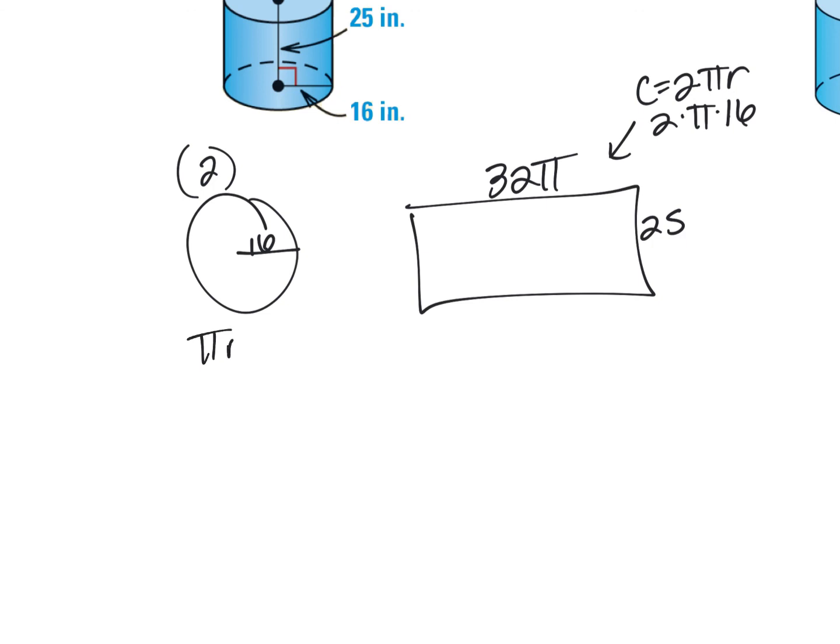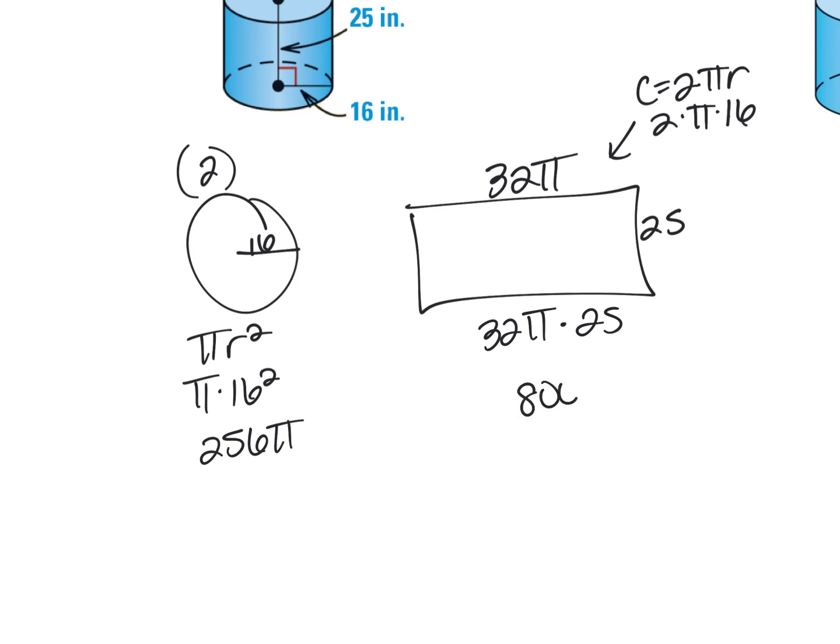Let's do the areas now. So pi r squared for a circle. So pi times 16 squared gives you 256 pi. And then this one, 32 pi times 25 gives you 800 pi.